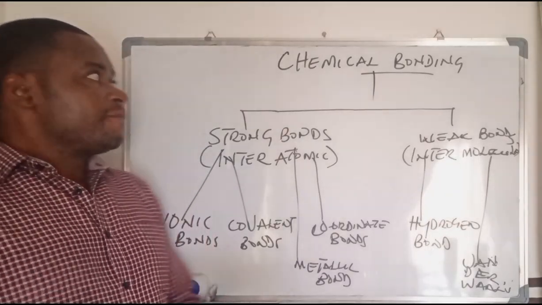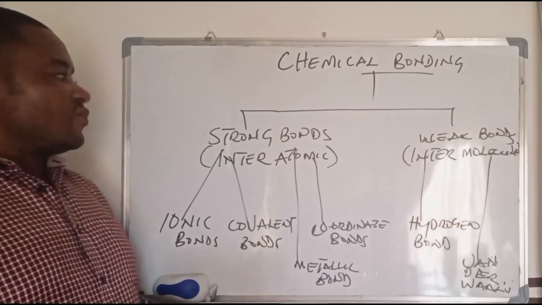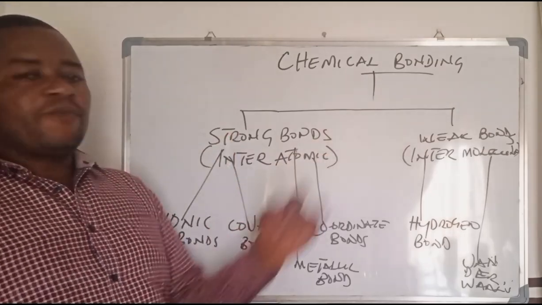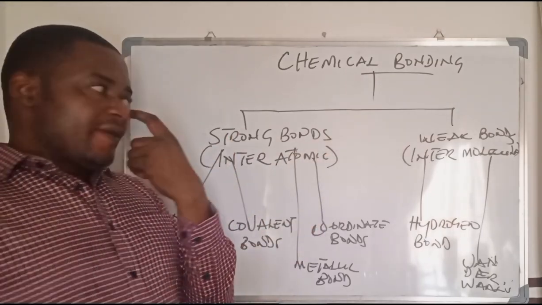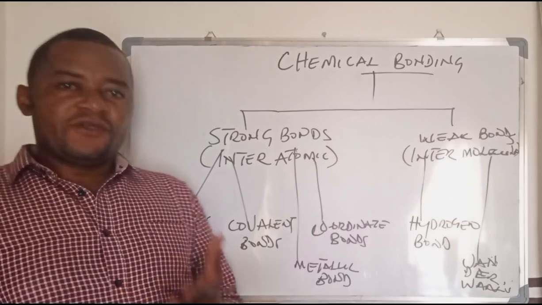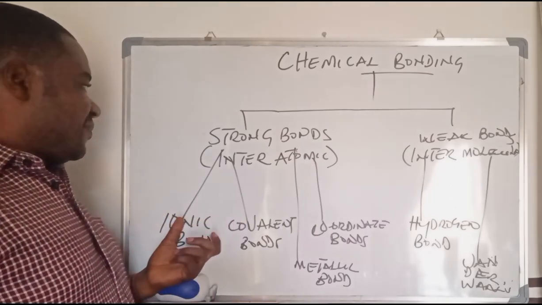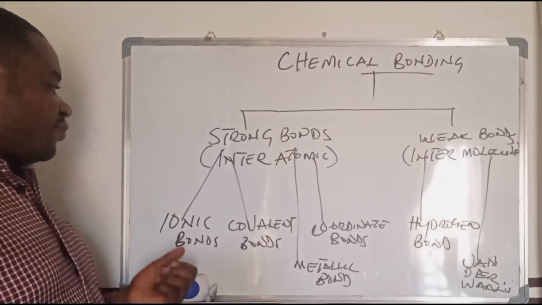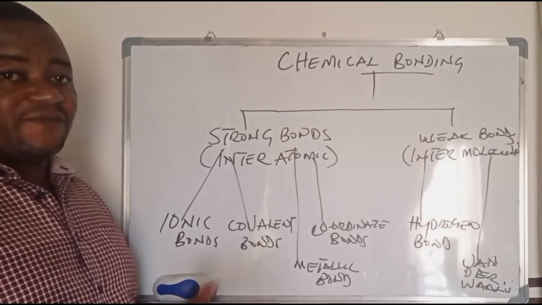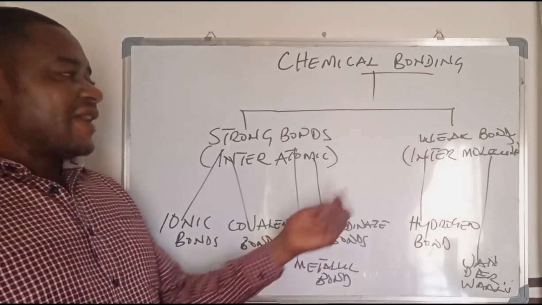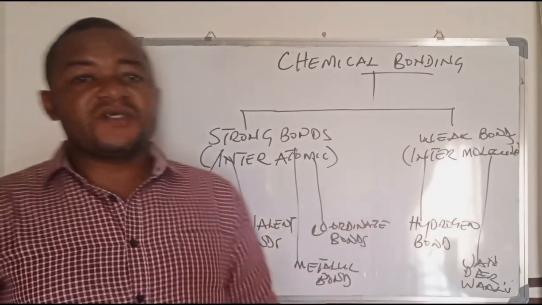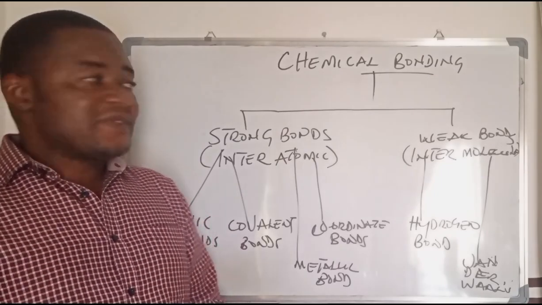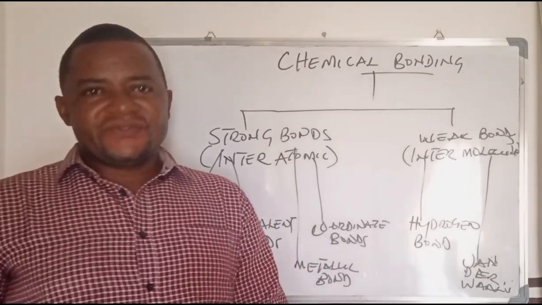So in chemical bonding we have strong bonds and weak bonds. Strong bonds are interatomic bonds, and the weak bonds are intermolecular bonds. The strong bonds are the ionic bonds, covalent bonds, coordinate bonds, dative bonds, and the metallic bonds, and then the hydrogen bonds and van der Waals forces of attraction are described as the weak bonds.